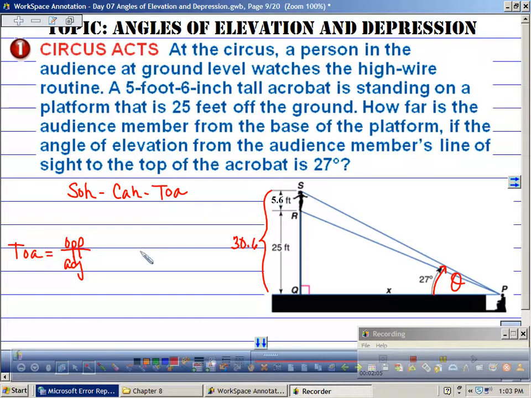So I say to myself, TOA means tangent. Tangent of an angle. Do we know the angle? Yes, they told us the angle is 27. They also told us what the opposite is. The opposite is 30.6. And we're going to compare that to x.